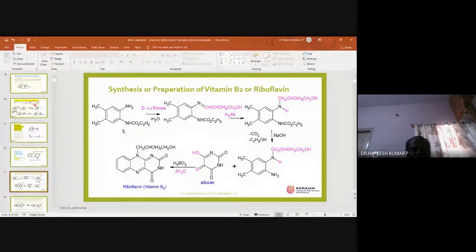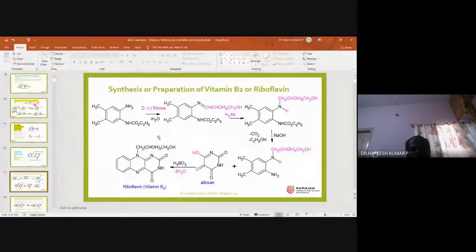What you can observe here is NH2, and this NH2 is forming a bond with CO2C2H5. NHCO2H is called carbamic acid, and this is an ester, a carbamate, ethyl carbamate. So ethyl carbamate is attached to this group.